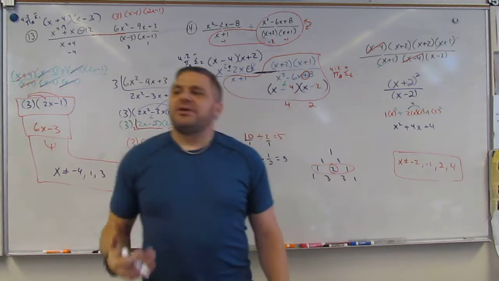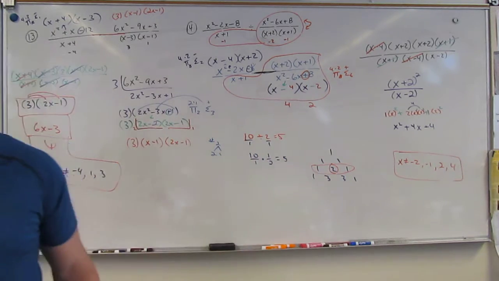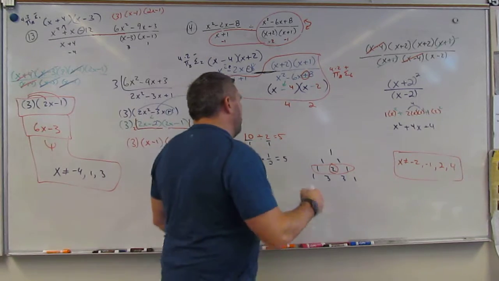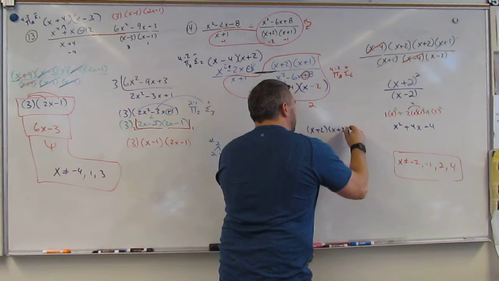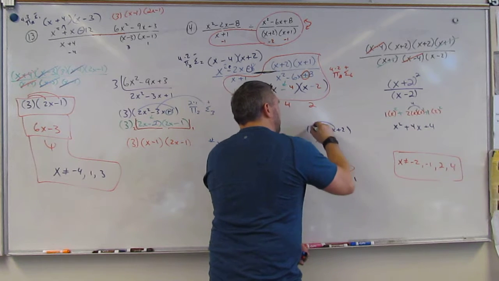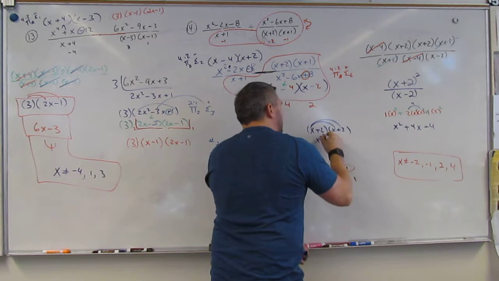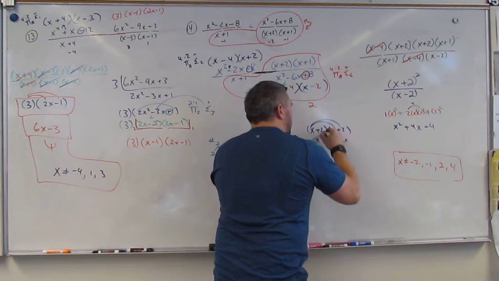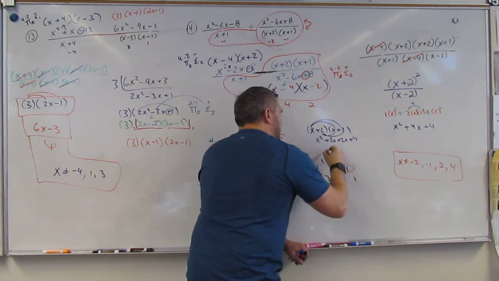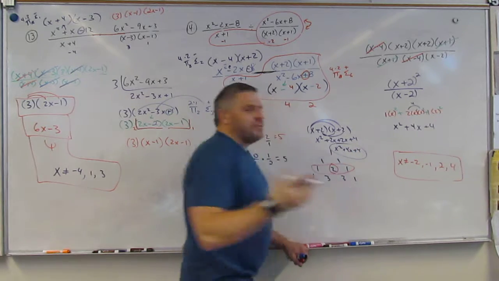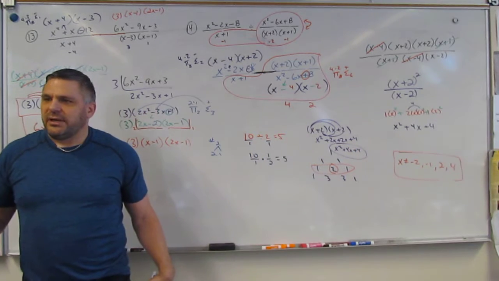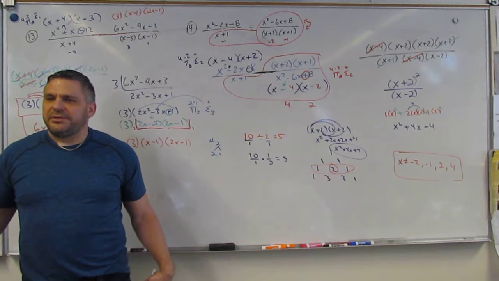So that's the way you can do it using Pascal's triangle. Or you could have just said x plus 2 times x plus 2 and said this is x squared, this is plus 2x, this is plus 2x, and this is plus 4, and then you get x squared plus 4x plus 4. Either way. It's up to you.